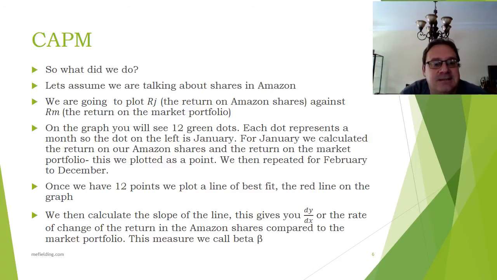So let's assume we're talking about shares in Amazon or Ford, which works the same way. We're going to plot the individual return on the shares against the return on the market portfolio. And it says here that there are 12 green dots. Now that I'm recording this down to go with this, they look like a sort of browny, beigey colour. But look on the slide and you'll see the dots. You can click your video back. So for January, we calculated the return, and then we did this for February to December, till we got 12 different points.